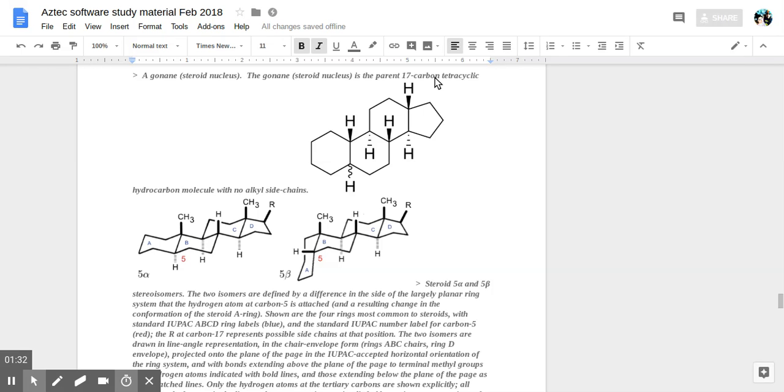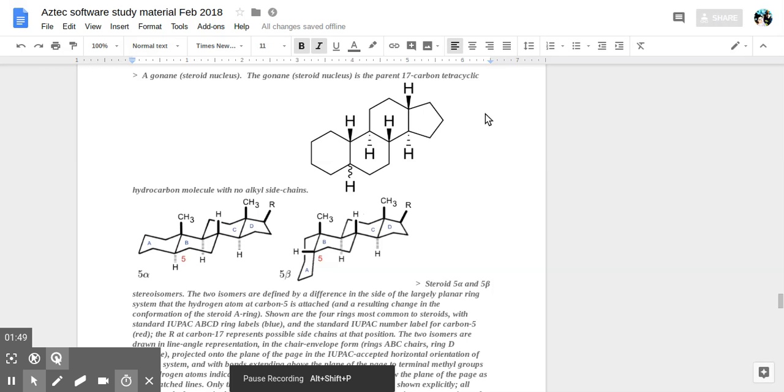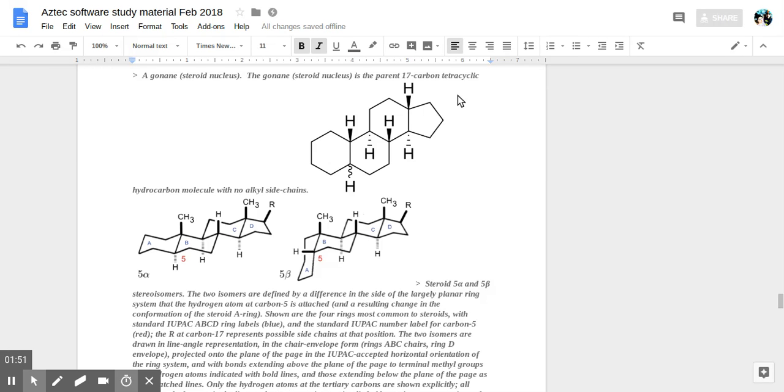Most of them, I guess, have 17 carbons. So the parent: these four rings have 17 carbons total.